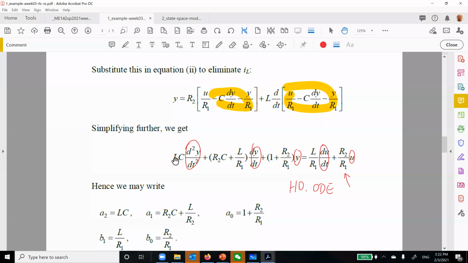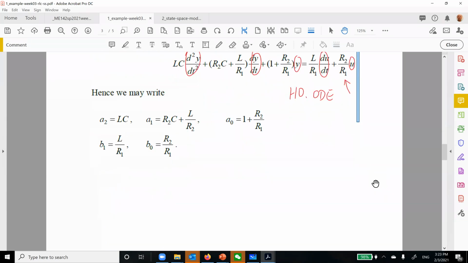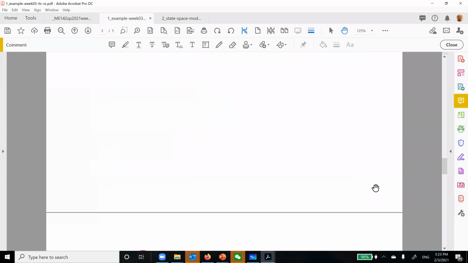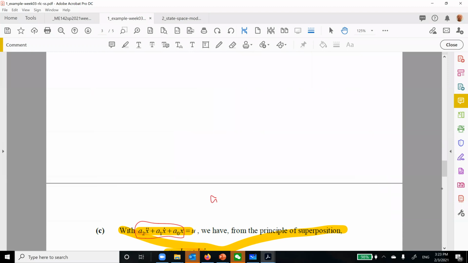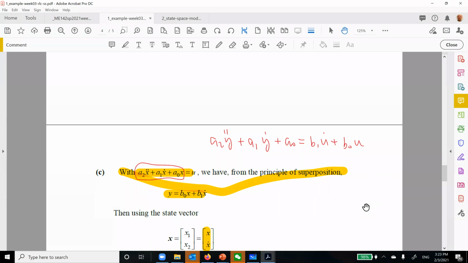Let me repeat. We are facing an equation: A2 Y double dot plus A1 Y dot plus A0 Y equals B1 U dot plus B0 U, right? So this is something we have, okay?